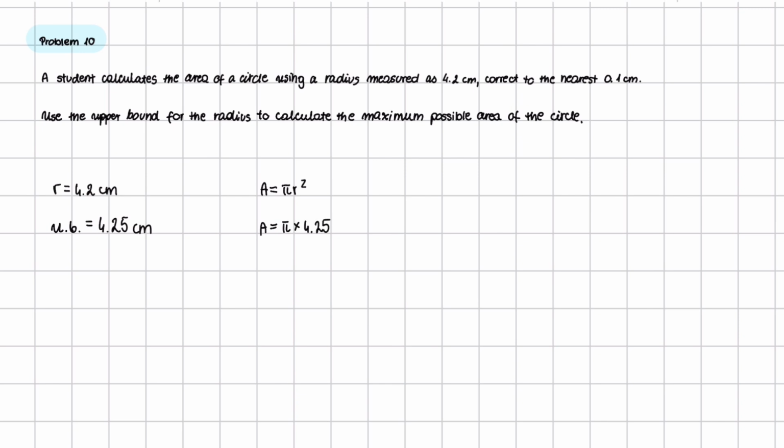We take the upper bound because we are calculating the maximum possible area of a circle. And to the power of 2, and the maximum possible area is 56.74 centimeters squared, because we were calculating the area.